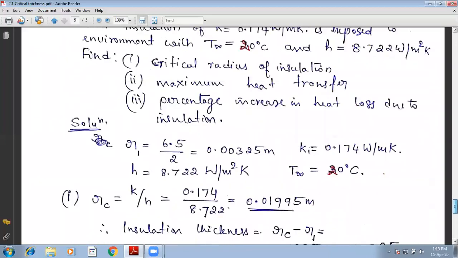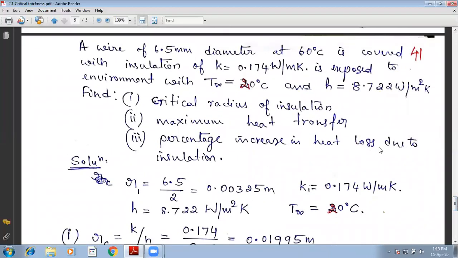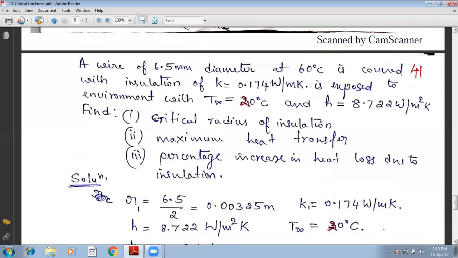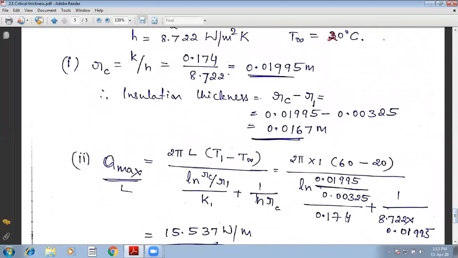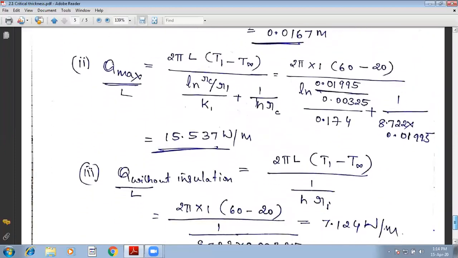Now he has asked the third bit as percentage of increase in heat loss due to insulation. Now you calculated the amount of heat transfer considering the insulation, correct? Now how much of increase has occurred out of insulation compared to without insulation? Now if you consider the heat transfer without insulation, this term will be 0 because you have considered only the solid pipe, no insulation material is added.